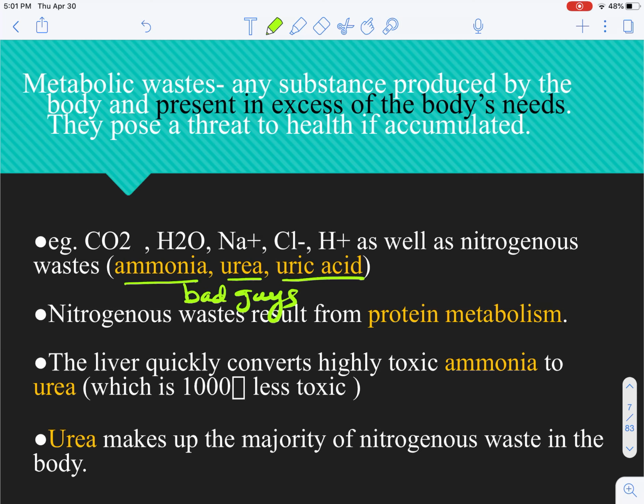The 3 main, I call them bad guys, that your kidneys have to get rid of are ammonia, urea, and uric acid, and those are actually all byproducts of you metabolizing proteins.